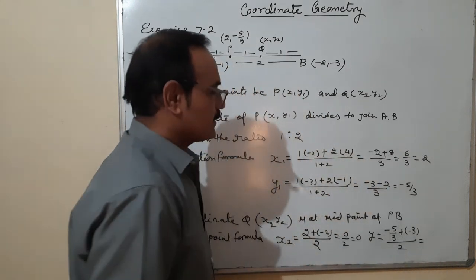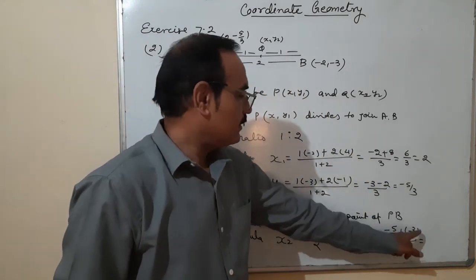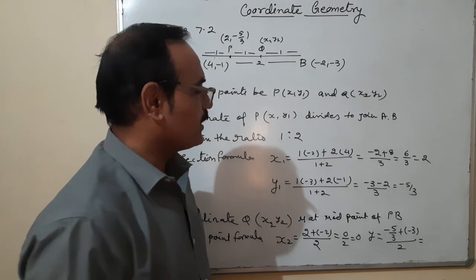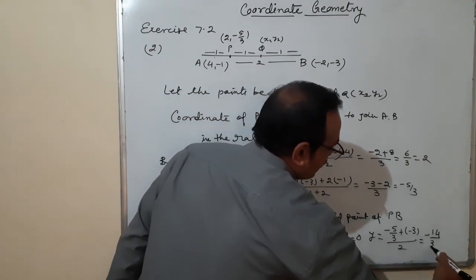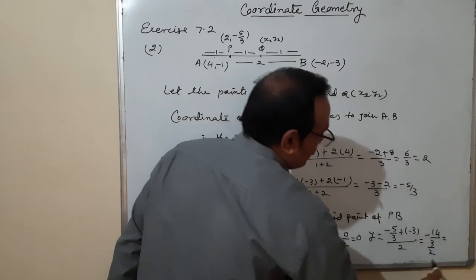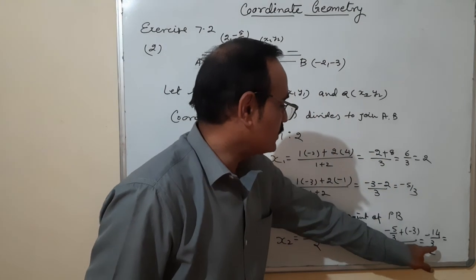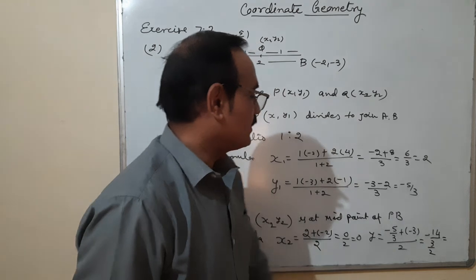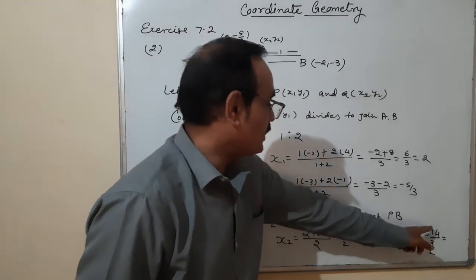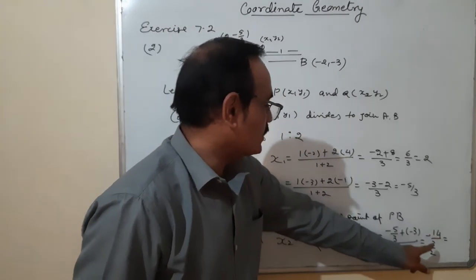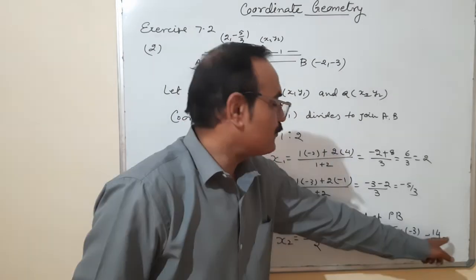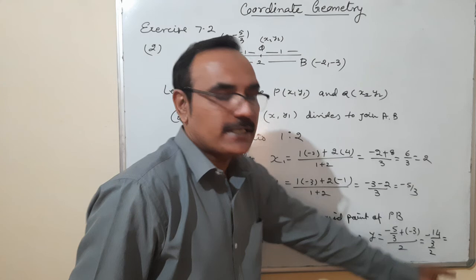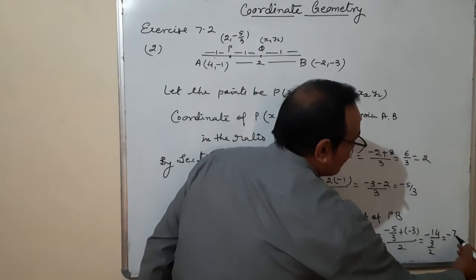So now what is the result? Minus 9 and minus 5, minus 14 upon 3, upon 2. So it is 14 upon 3 upon 2, and the 2 goes downside. 14 upon 6 is coming, that means 7 upon 3, minus 7 upon 3.